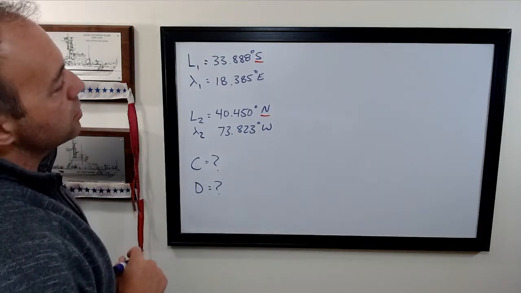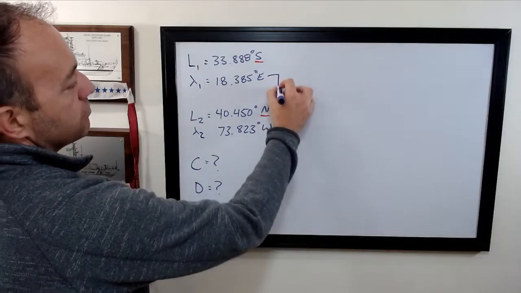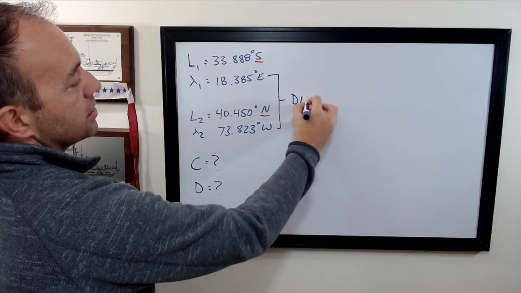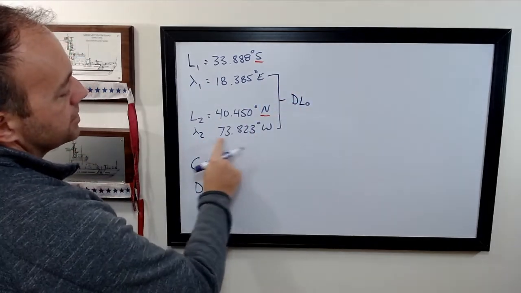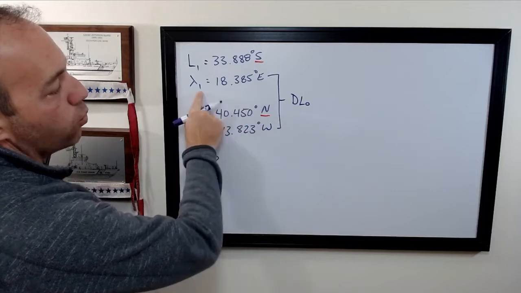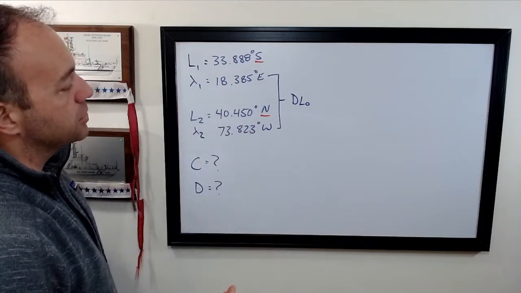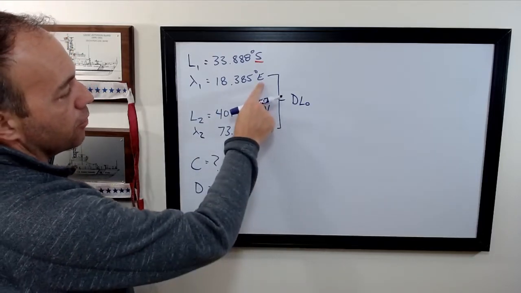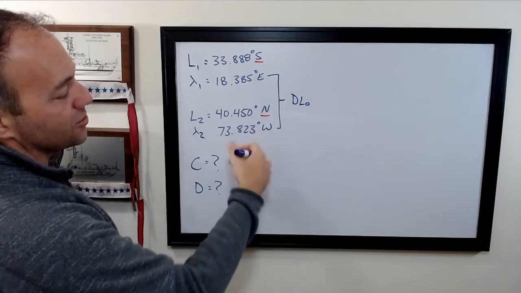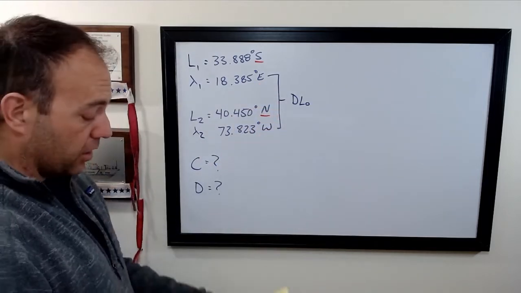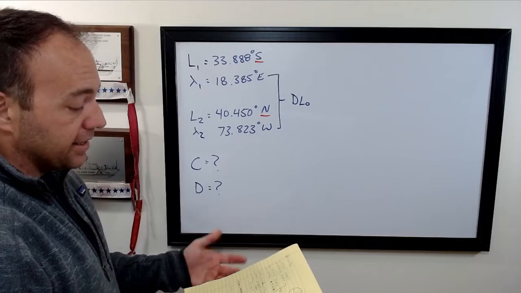All right, so in order to do a problem like this, what we really need is the difference in longitude. So if they gave us longitude 2 and longitude 1, we can calculate the difference between those two. But just know that we go from the eastern hemisphere to the western, so you can't subtract them like you might think with a difference. It's going to be added in this case.